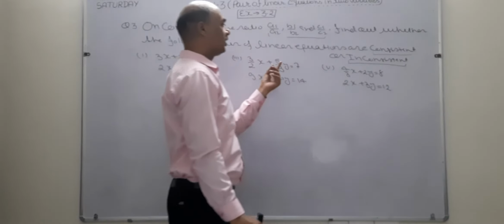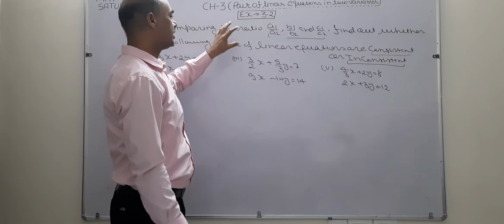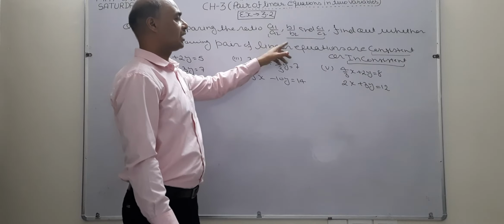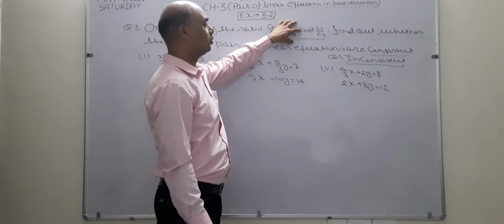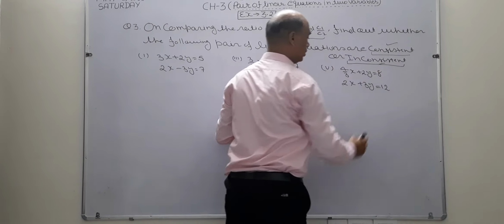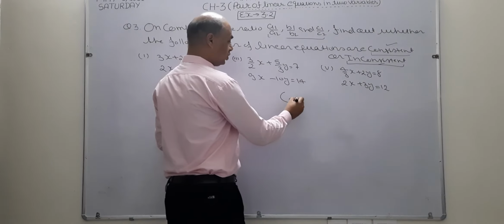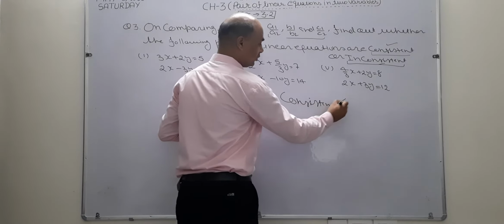In the previous question, after comparing the ratio, we decided whether the given pair of equations represent intersecting lines, parallel lines or coincident lines. In this question, by comparing the ratio, we are going to decide whether they are consistent or inconsistent. As you know, for consistent there are two conditions.